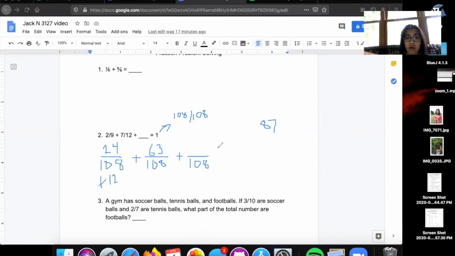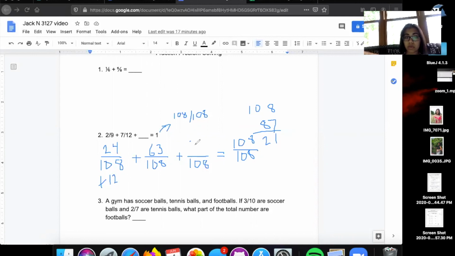Now we want to know how far away we are from 108. Okay, 108 over 108 is our goal, or our sum. So we're going to do some subtraction. We're going to say, what's 108 minus 87? Well, we know this is going to be 1, and this is going to be 2, so we have 21.